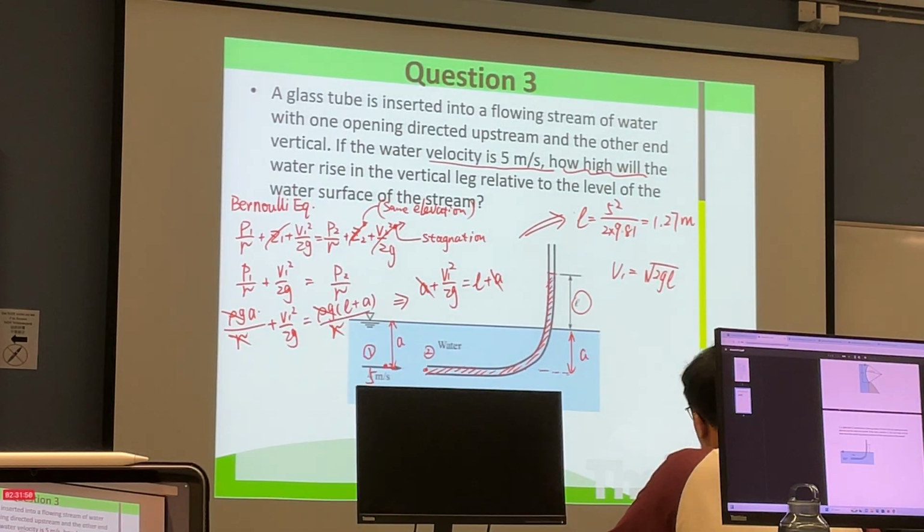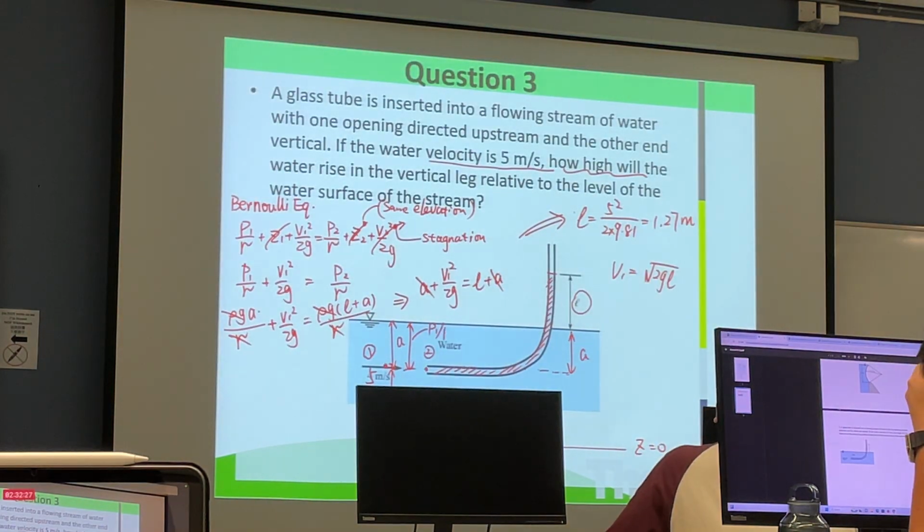Additionally, for the location 1, this is Z1, and this A is equal to P1 over gamma.